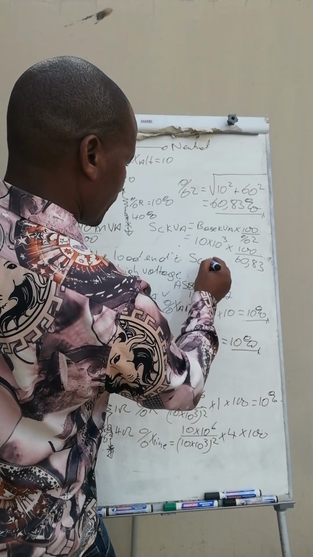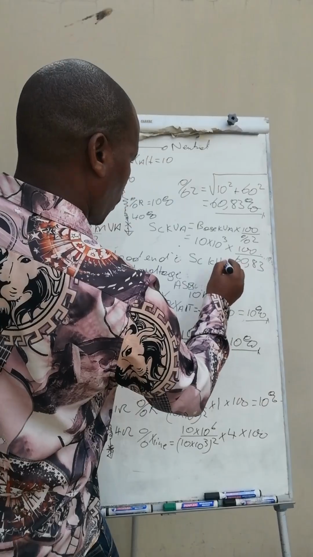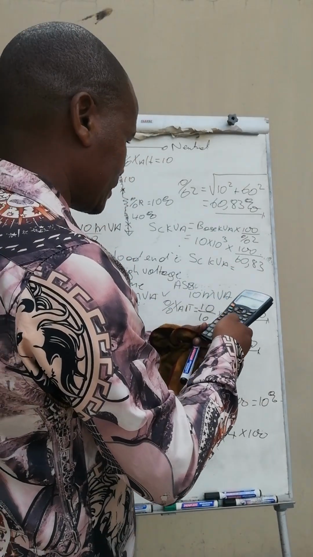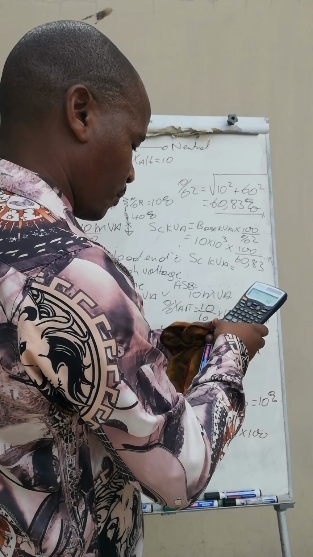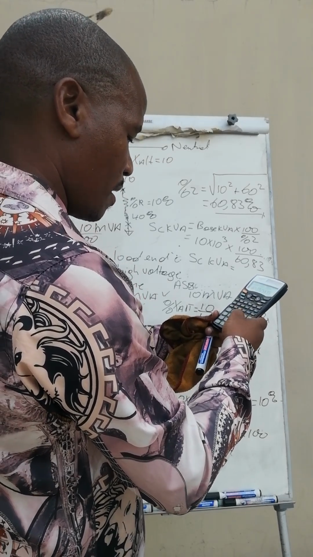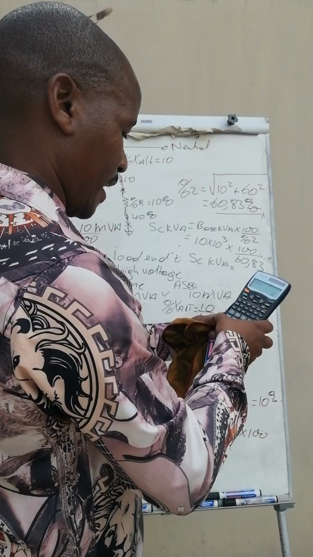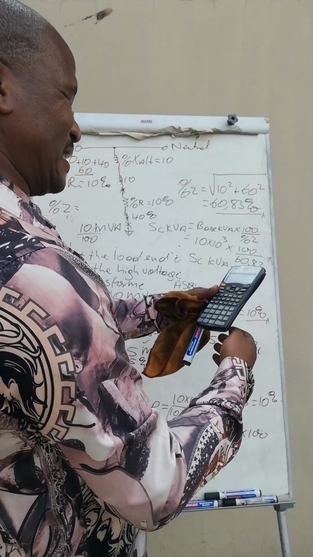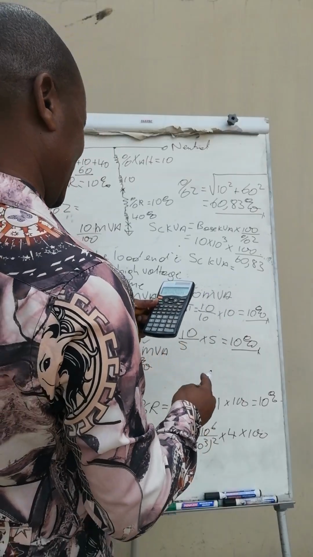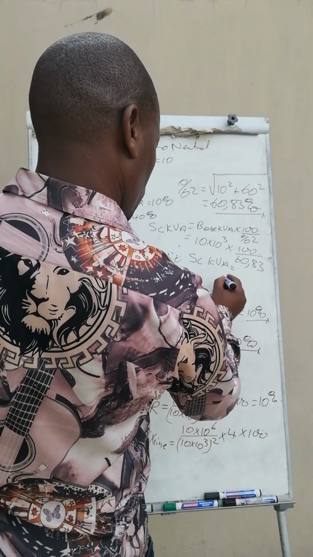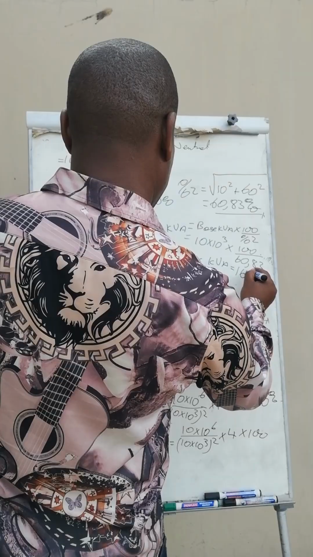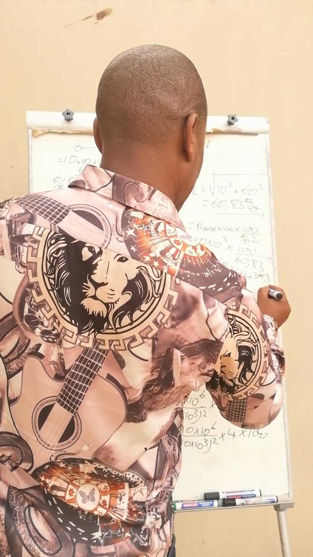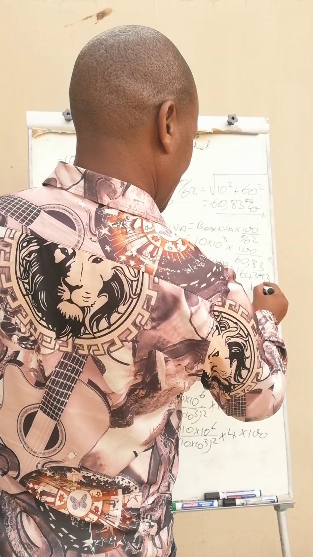Therefore, short circuit kVA is equal to 100 divided by 60.83, multiplied by 10 to the power 3. The answer is 16439.3 kVA.